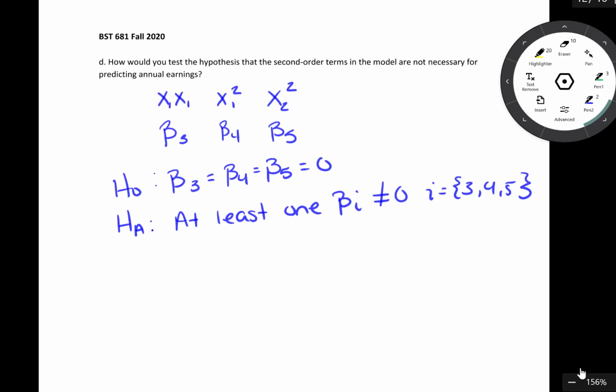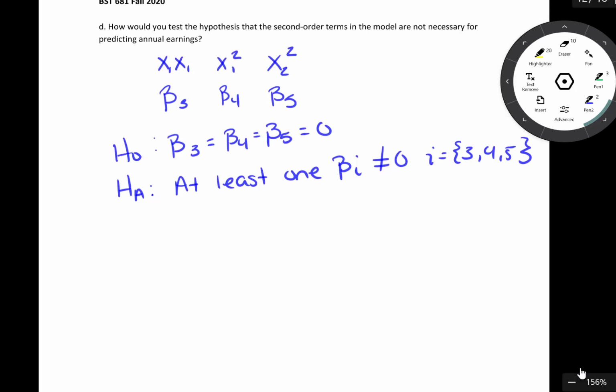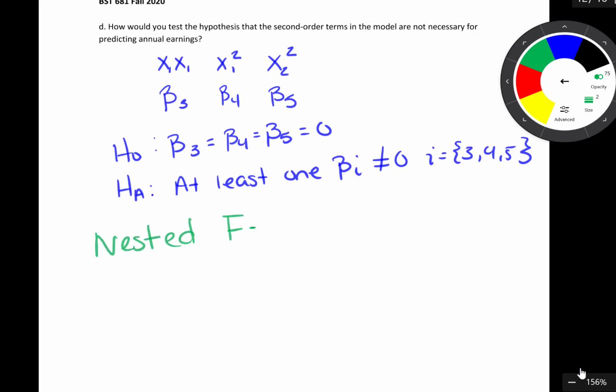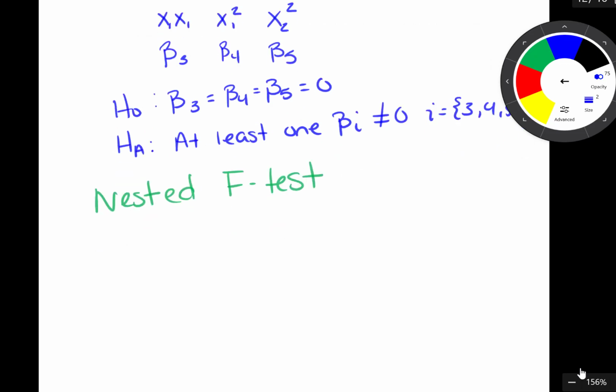So to test this, since we're testing to see if some of the parameters are equal to 0, and we've got more than one of them, we can't use those t-tests. This is where we would use that nested f-test that we saw earlier. Because notice here, what we've got is our full model.